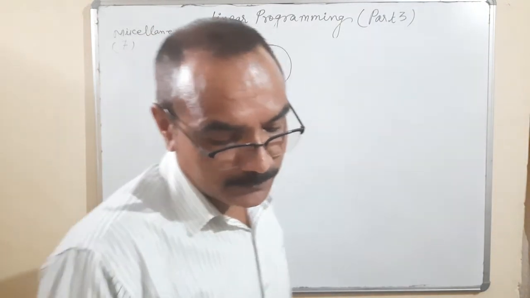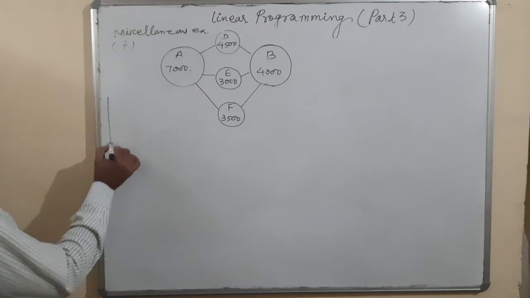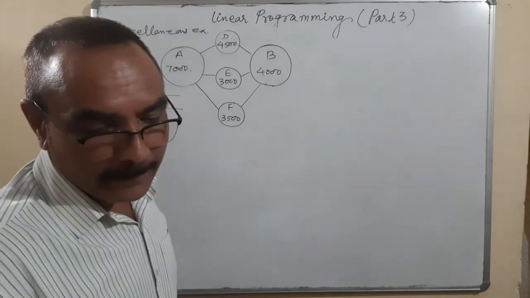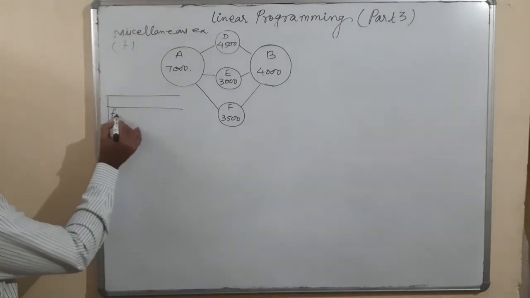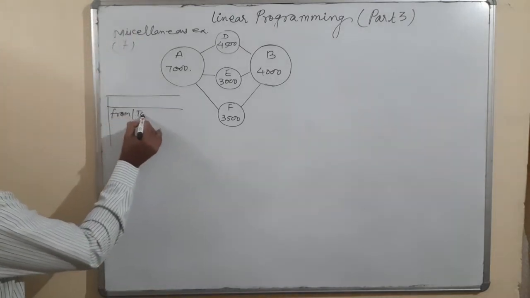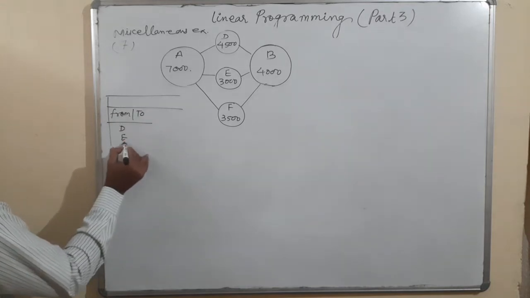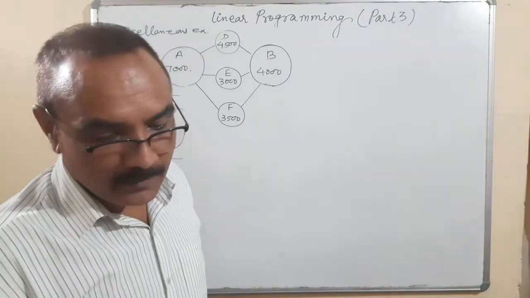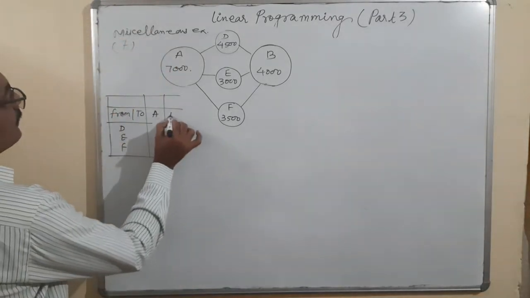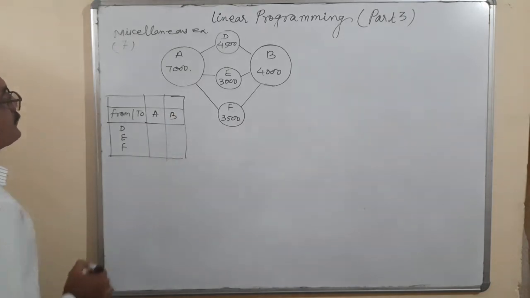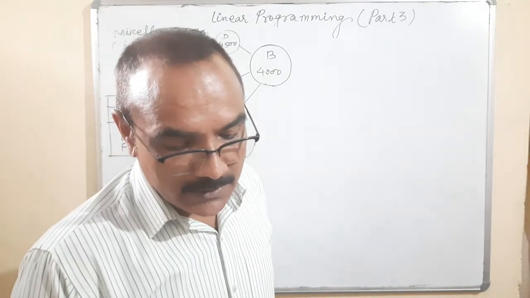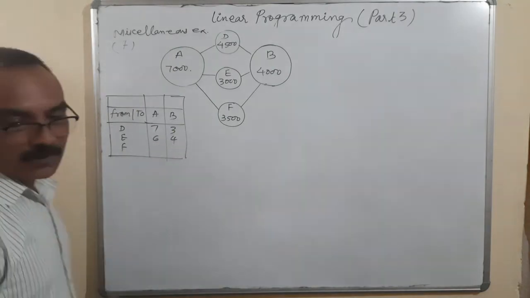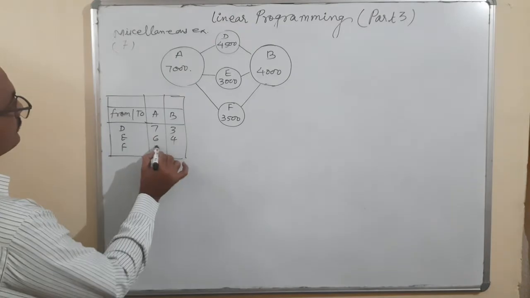Distance from to, D, E, F, to A and B. The requirements are 4,500, 3,000 and 3,500.